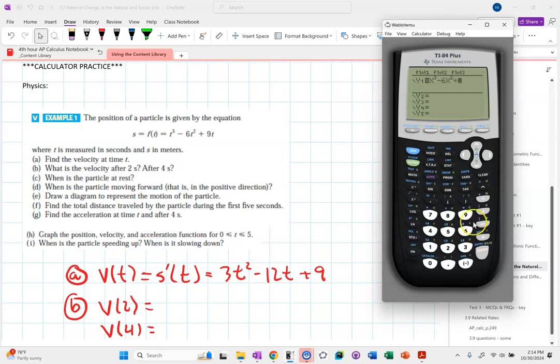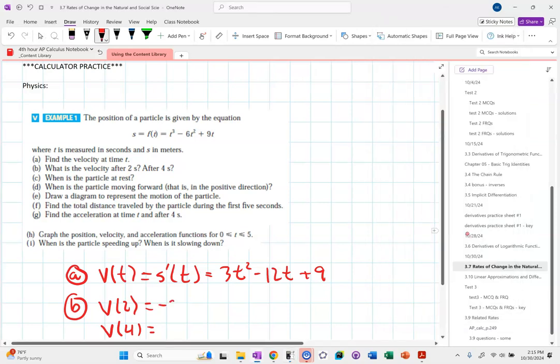And I am kind of lazy. So I'm just going to go ahead and type that function into y1. And I'm just going to have the calculator do the derivative at x equals 2. So I get -3. And then at x equals 4, I get 9.